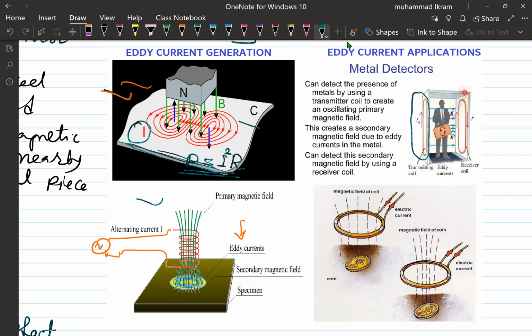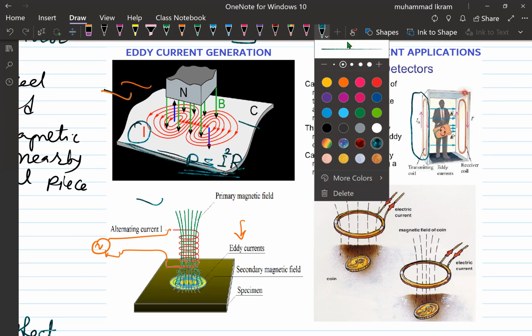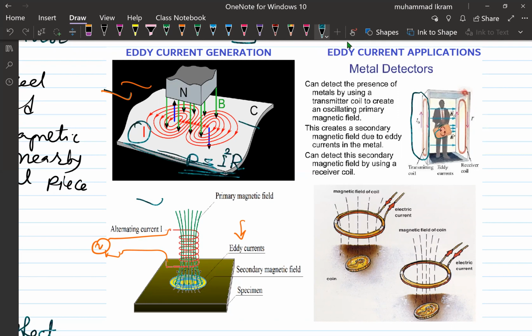This will create a secondary magnetic field due to eddy current in the metal. For example, if you have a metal piece in your briefcase right now, then this will cause an induced EMF, and this induced EMF will in turn produce a secondary magnetic field or induced magnetic field.